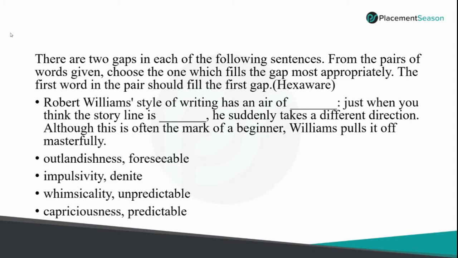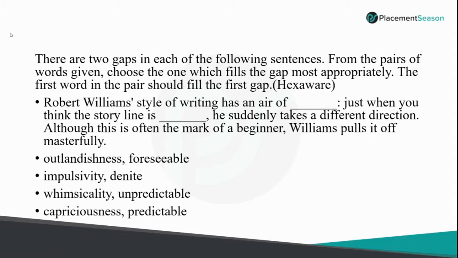Capriciousness, predictable. So, like I told you, in most of these cases, it becomes very difficult for you to understand the meaning of the sentence and to guess the meaning of it, because vocabulary comes only by learning, and if you master the vocabulary based on the root words, you'll be able to crack these questions easily.